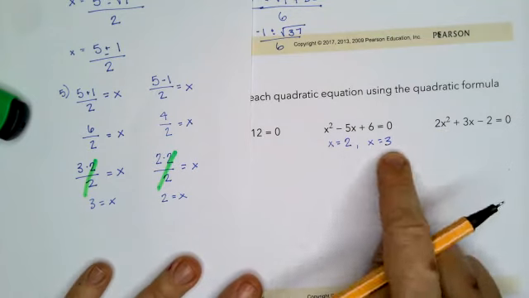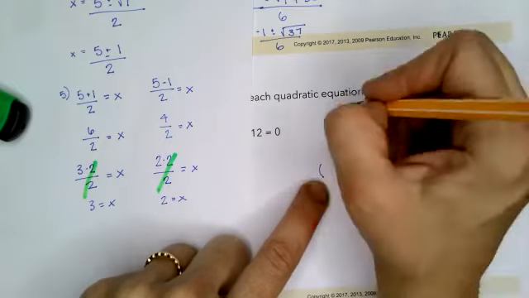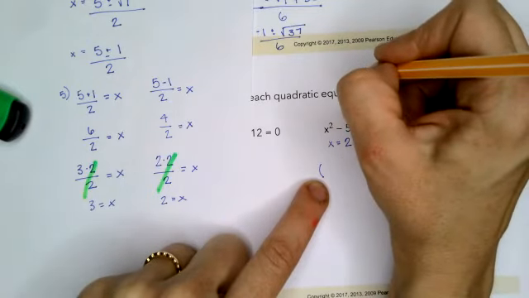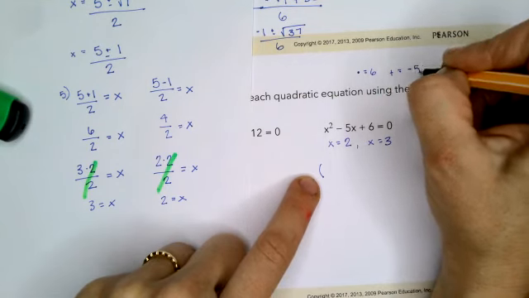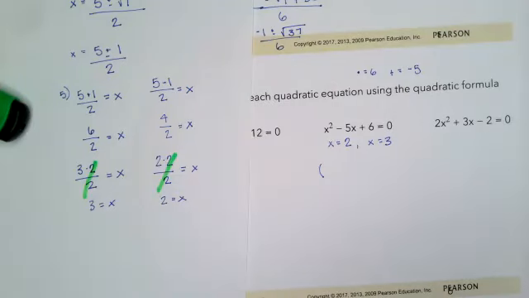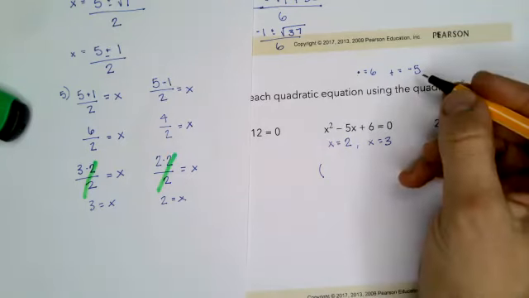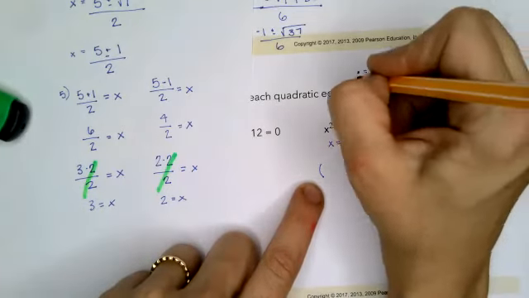When you think about it, X is 2 and X is 3, that means that when we factored x squared minus 5x plus 6, we said we want it to multiply to equal 6, add to equal -5. Right? And what numbers would I get?